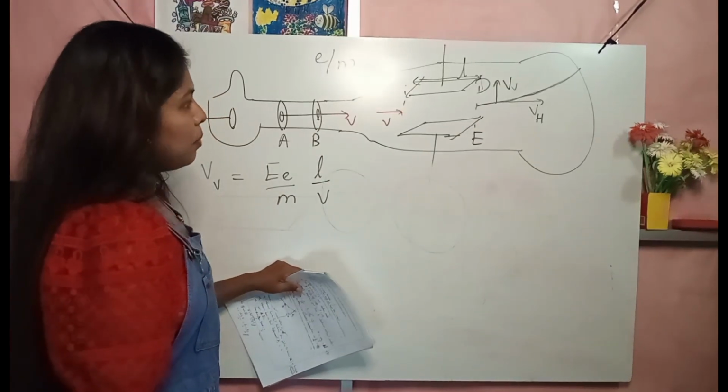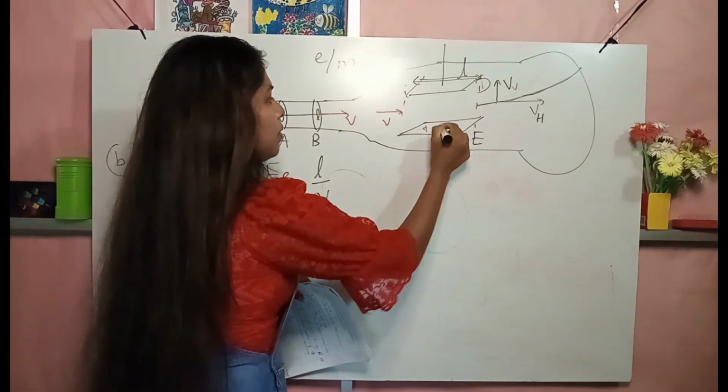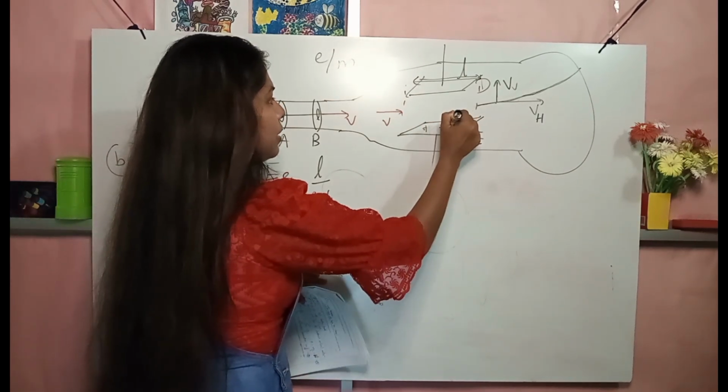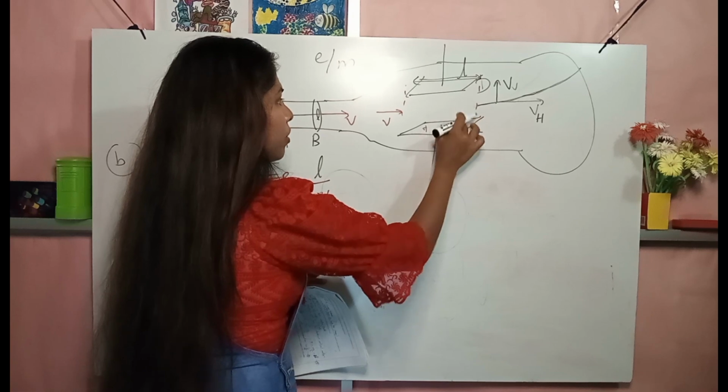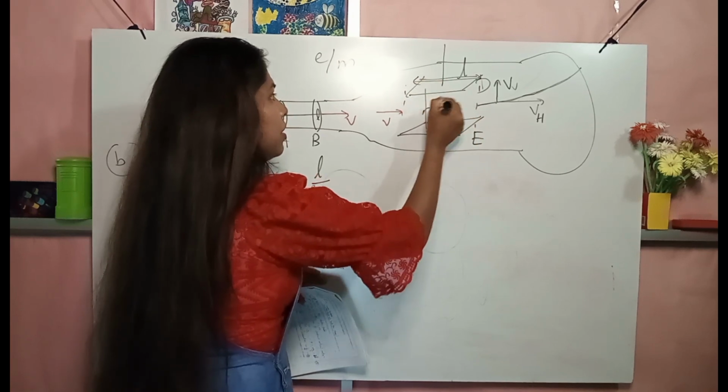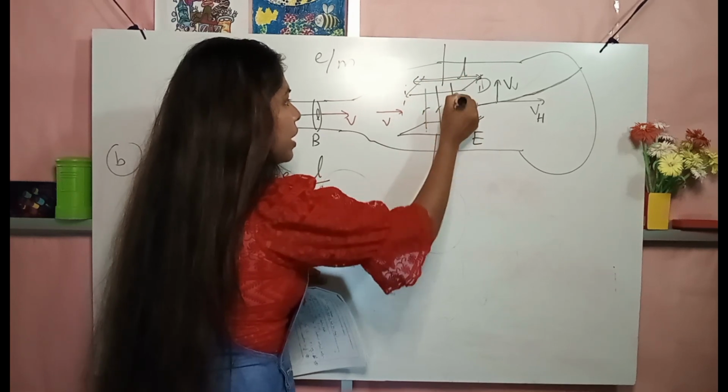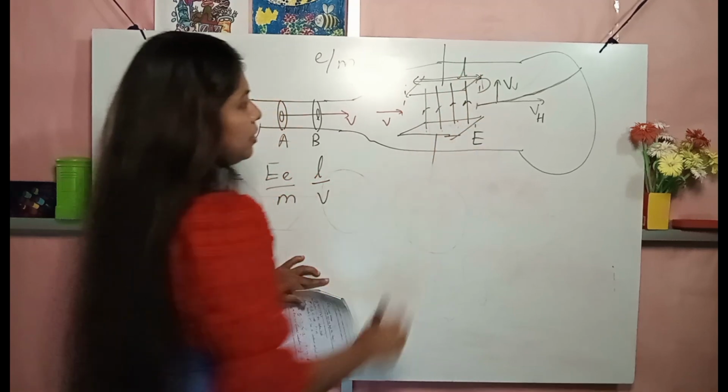Why is this happening? When we apply an electric field here, the electric field lines are created like this.